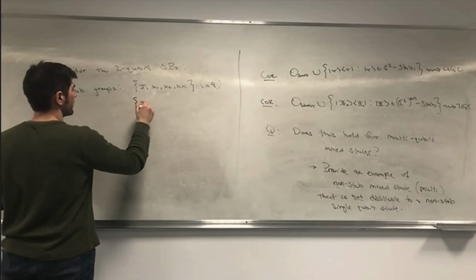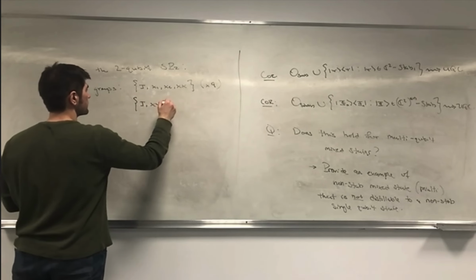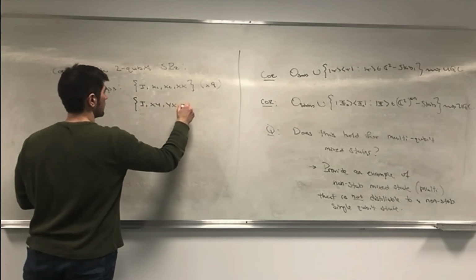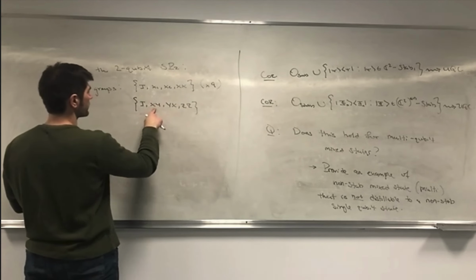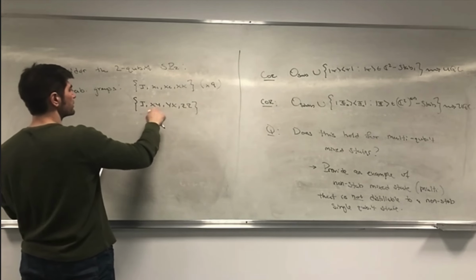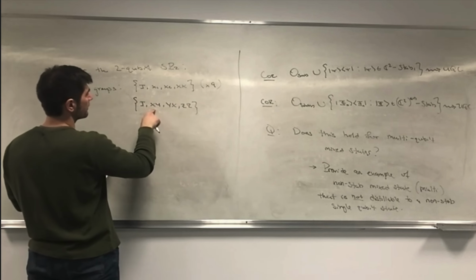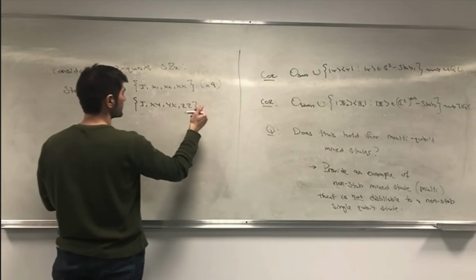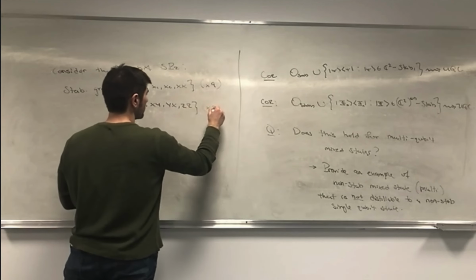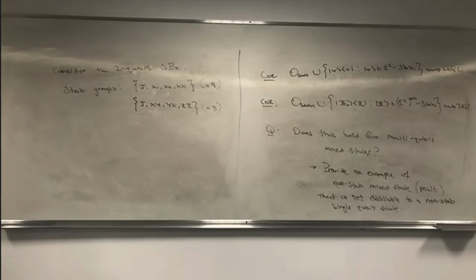You could also have something like this. These are what we would call non-local Paulis. There's a Pauli on each qubit, and these all commute, and you can show that the product of these is equal to 1. So there's 3 of these.